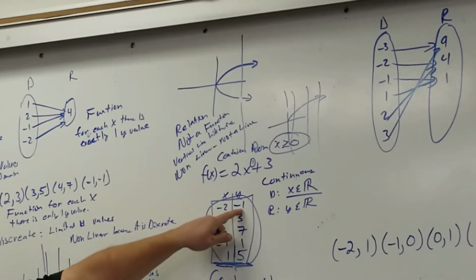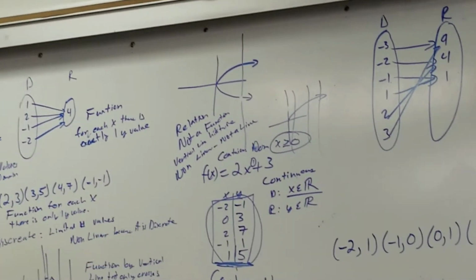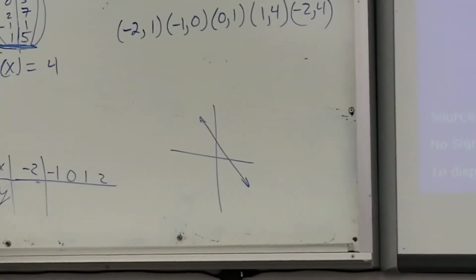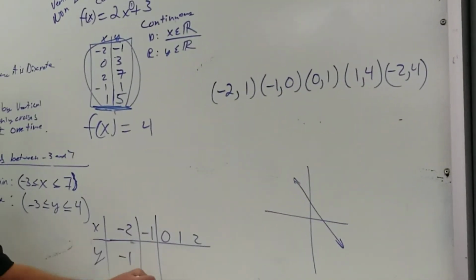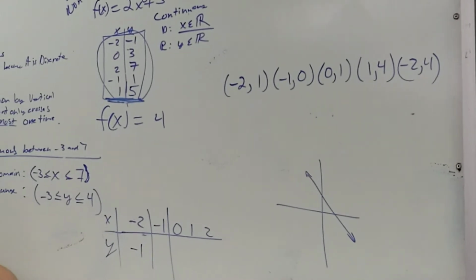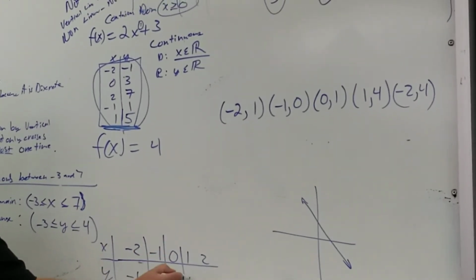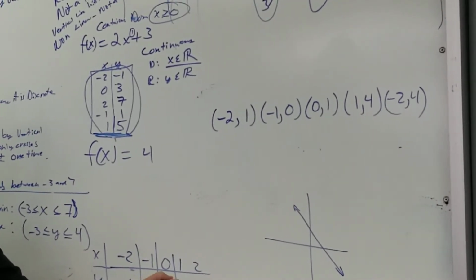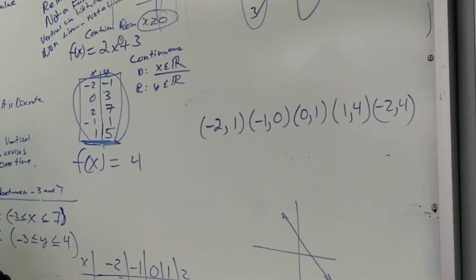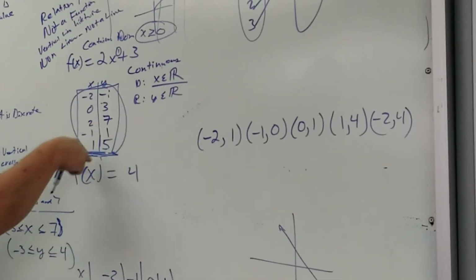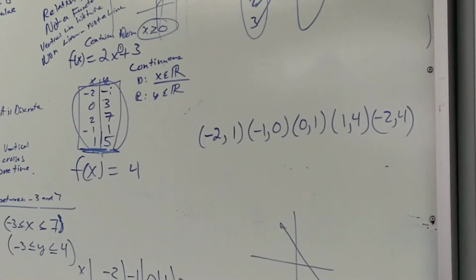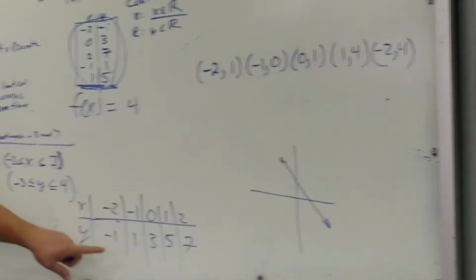At -2, where were we at? -1. Go through real quick and just tell them to me. 1, 3, 5, 7. No 6 on there. Okay, we're just copying this down to here.